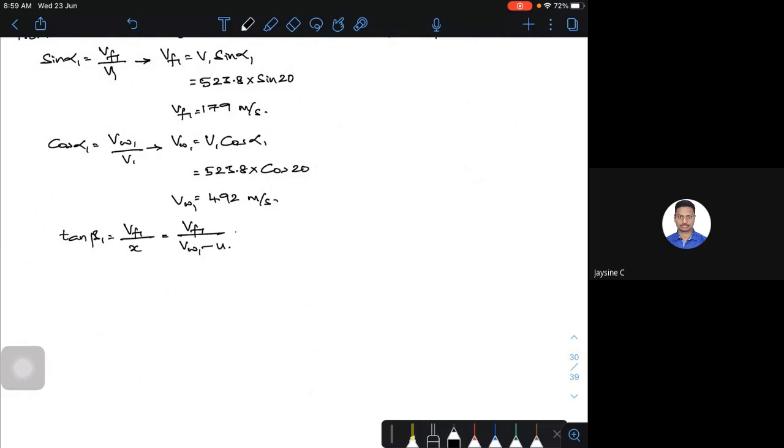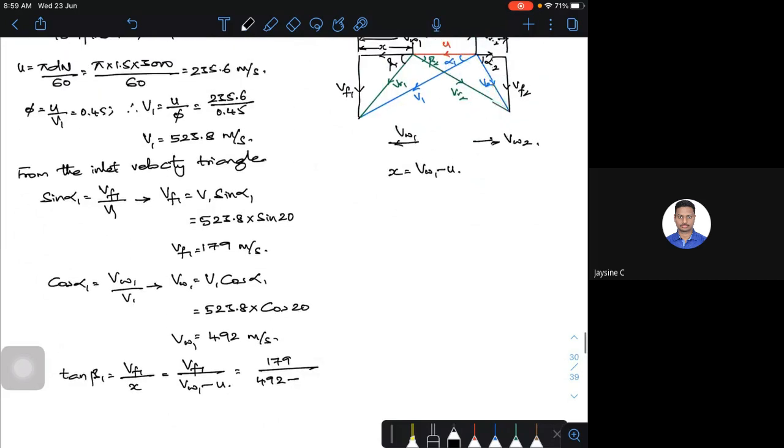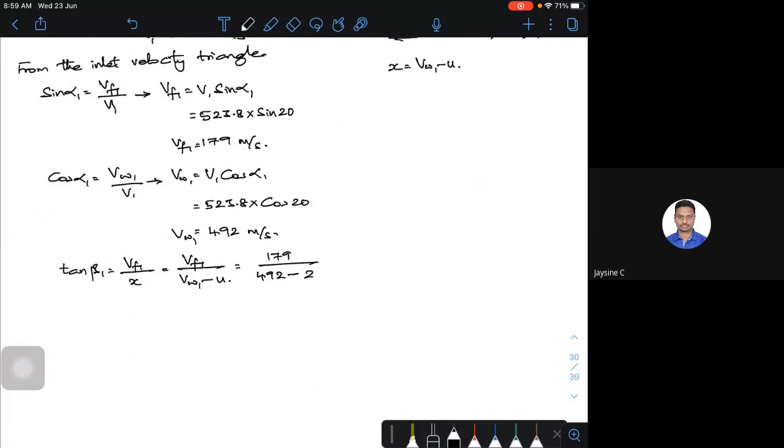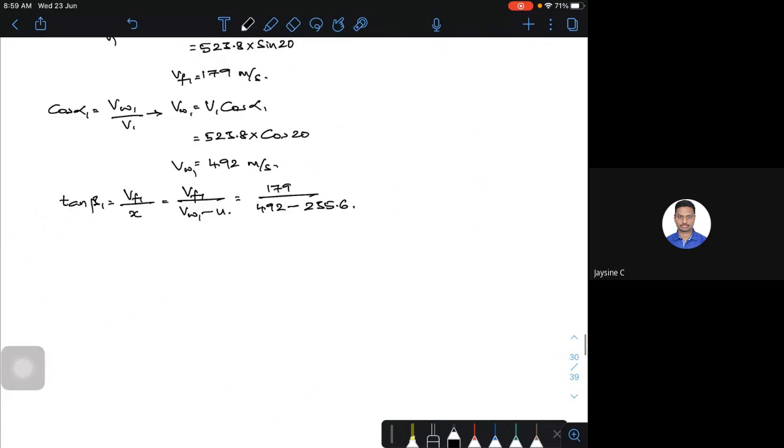Let us try to substitute. So what is my Vf1? Just now we found it to be 179. So VW1 is 492 minus u, which we found is 235.6. So take tan inverse of it. Therefore beta 1 is equal to tan inverse of 179 divided by 492 minus 235.6.